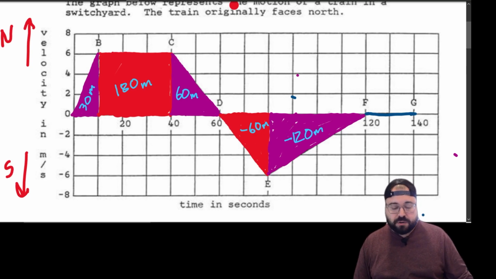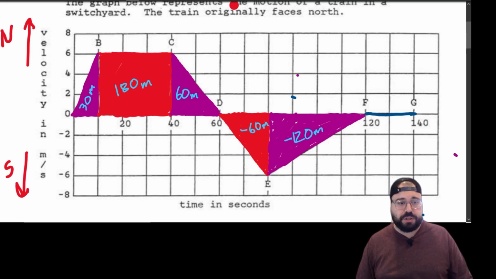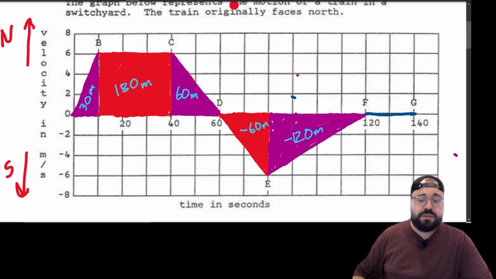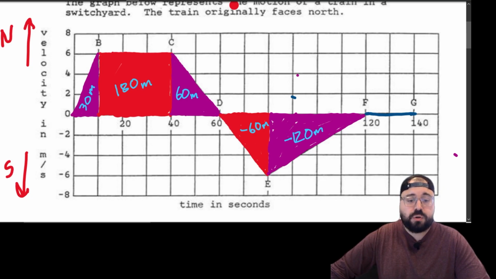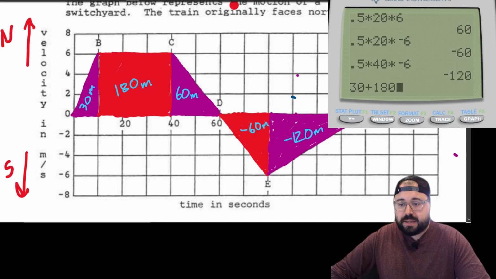Okay, so now we've found how far the train has gone in all its different phases of motion. So if we want to find the total distance this train has traveled, we're just going to add up all these values. So I'm going to do 30 plus 180 plus 60, and then we get to the negative values.